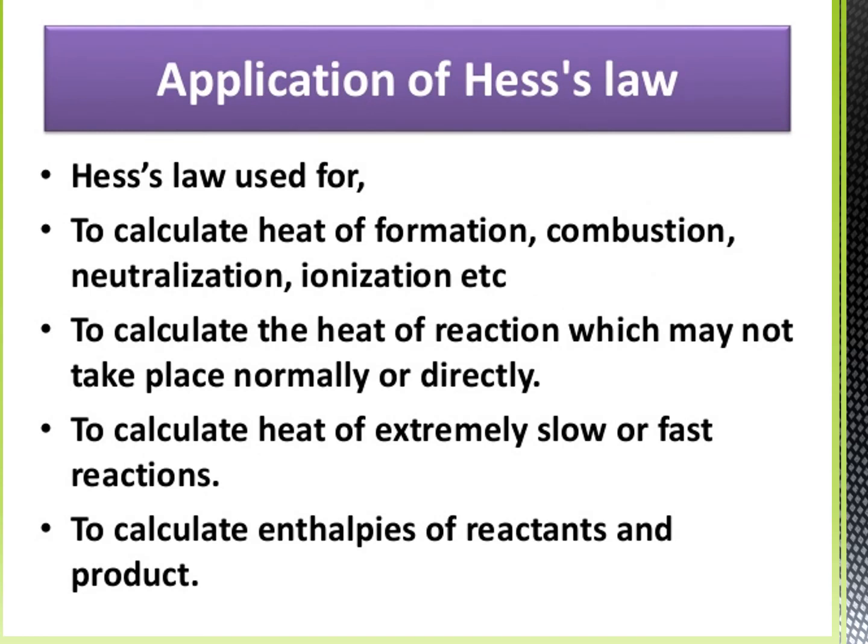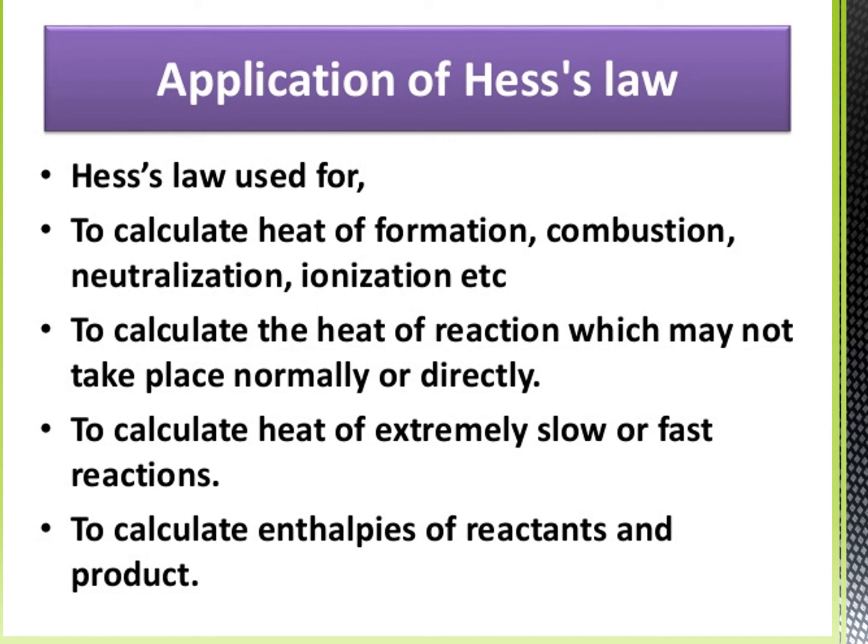Now, what are the applications of Hess law? Hess law can be applied to calculate enthalpies of reactions that are difficult to measure. For example, it is very difficult to measure the heat of combustion of graphite to give pure carbon monoxide. However, the enthalpy for the oxidation of graphite to carbon dioxide and of carbon monoxide to carbon dioxide can be easily measured.